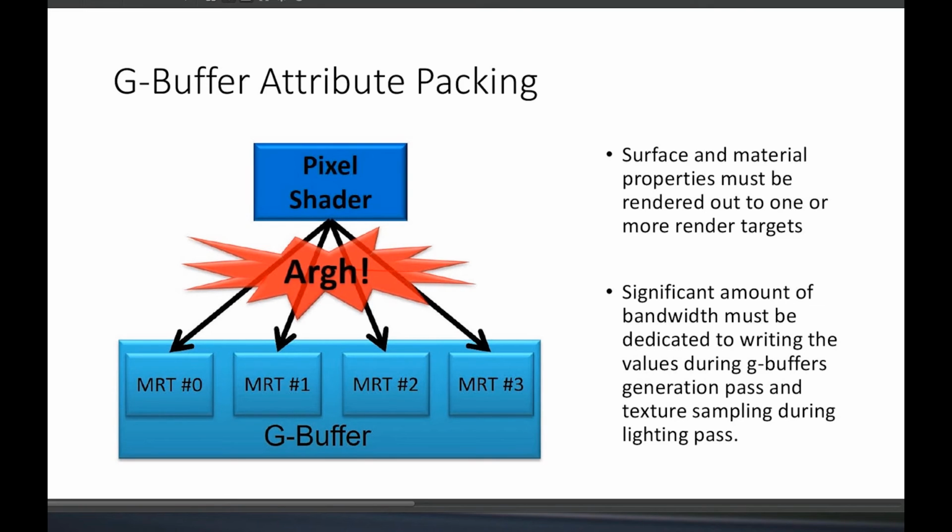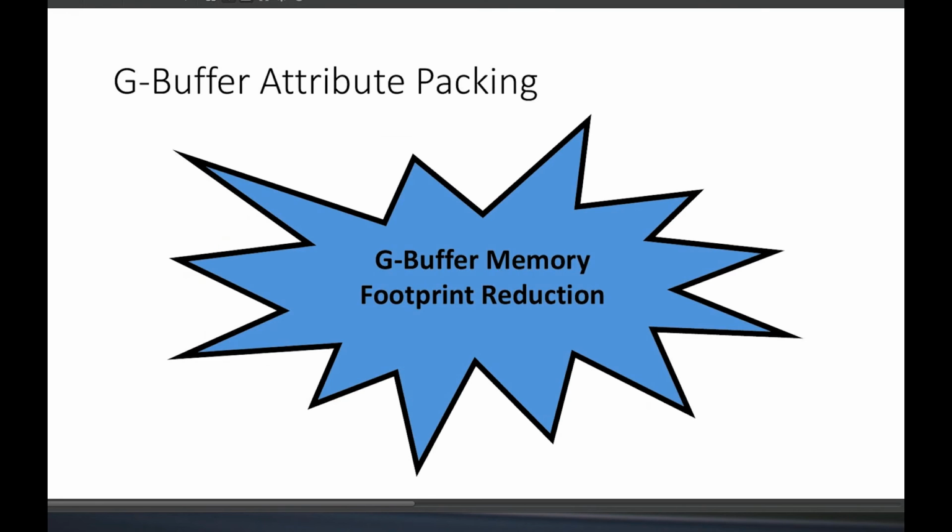Sending and receiving things from CPU to GPU is expensive. So a thing we could do is minimize the amount of bytes that each texture needs. So the key is G-buffer memory footprint reduction.